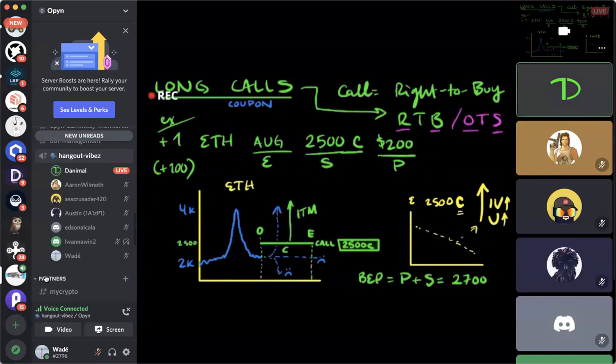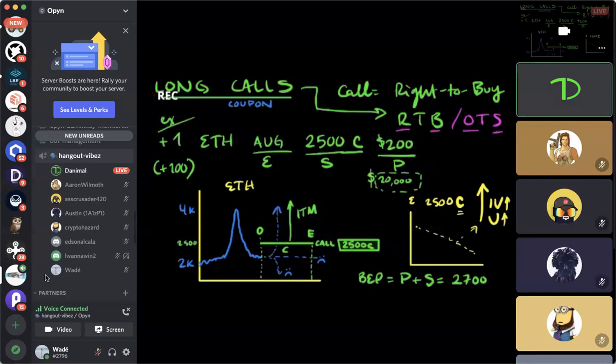Just tack on two zeros to this. Then you're going to be paying $20,000 in premium for that position, right? Unless my math is bad, which it often is, but I think that's all right. So this is all hypothetical. That could be quite expensive, right?